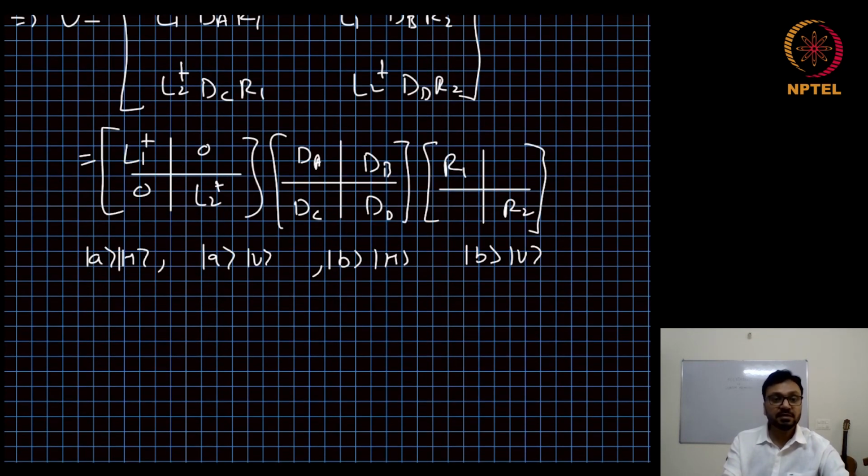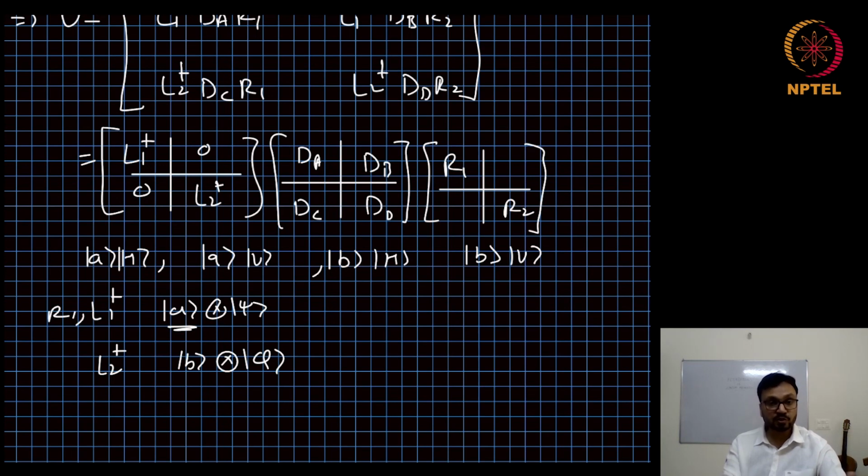So it means the L1 vector is acting on states A tensor psi, where psi is the polarization state, but the path is fixed, A. So L1 is acting only in the A subspace. Similarly, L2 is acting only in the B subspace. Similarly, R1 is acting only on the A subspace, and R2 is acting on states with B subspace.